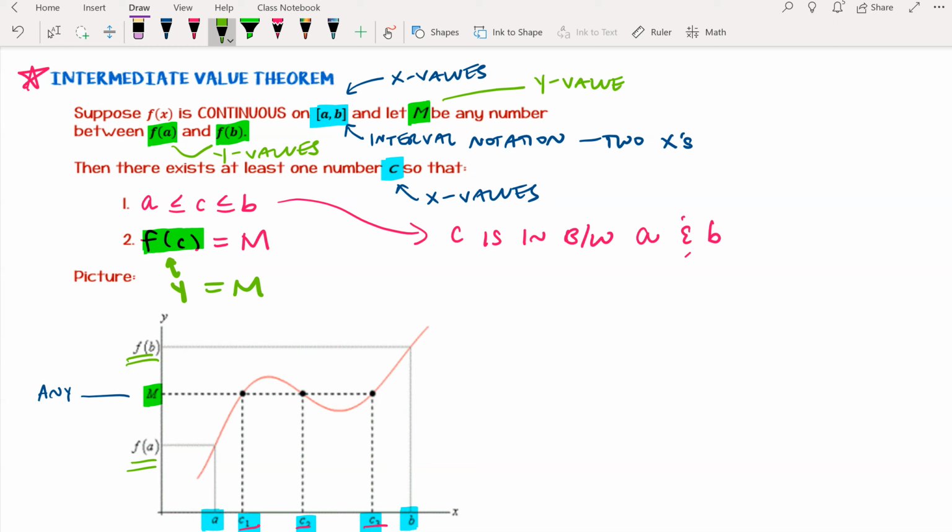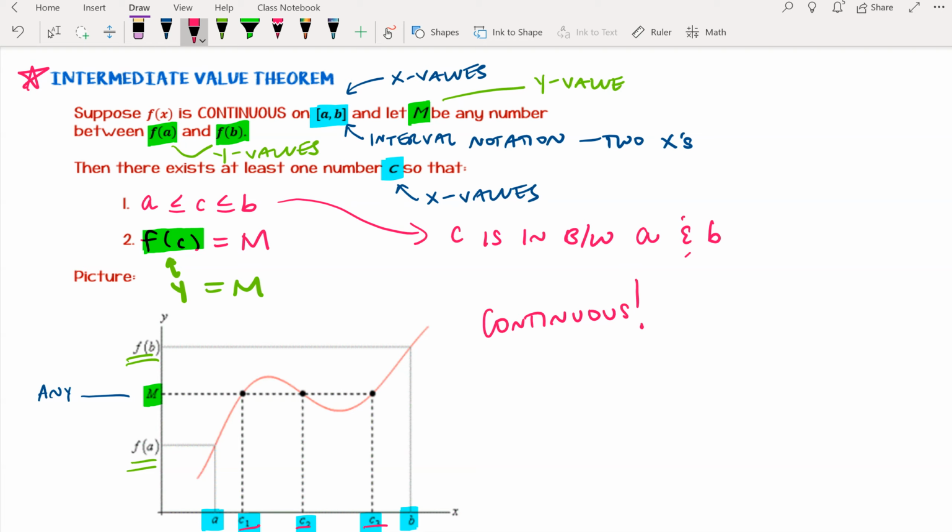Basically, look at this picture, and I would draw it if it helps, which it probably will. So draw a really quick sketch of it. It doesn't have to be perfect. But this theorem's saying if you have a continuous function, it has to be continuous. This function is continuous. There's no holes, no jumps, no asymptotes.